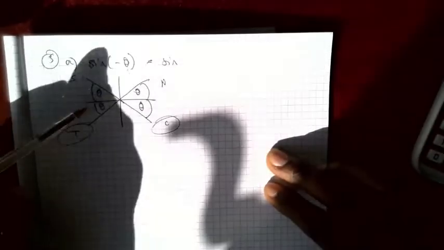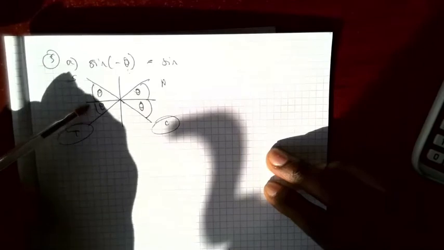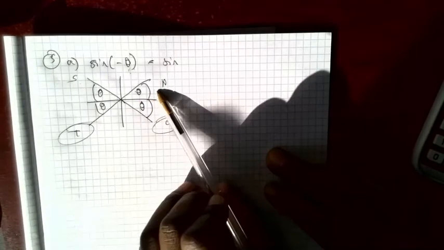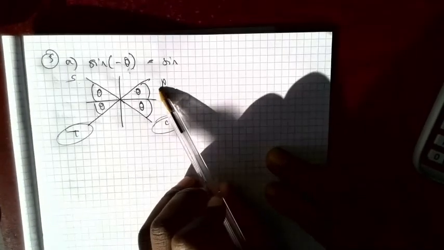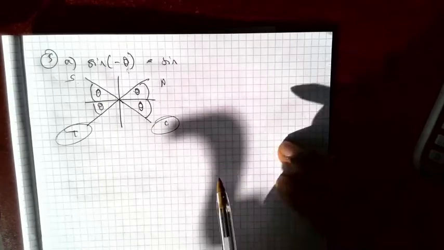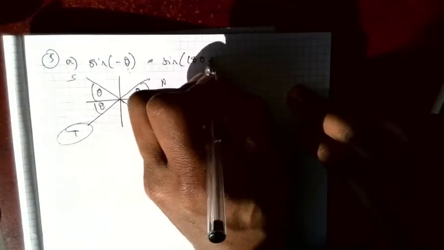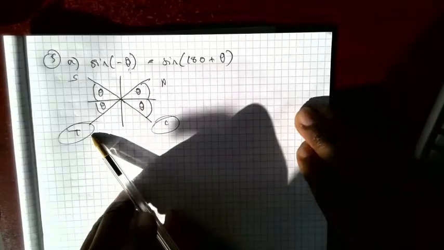So this angle would be like sine 180 plus theta, but it's the wrong sign. It's not acute. Well, actually, no. I could write it as sine 180 plus theta, because it's the same sign.